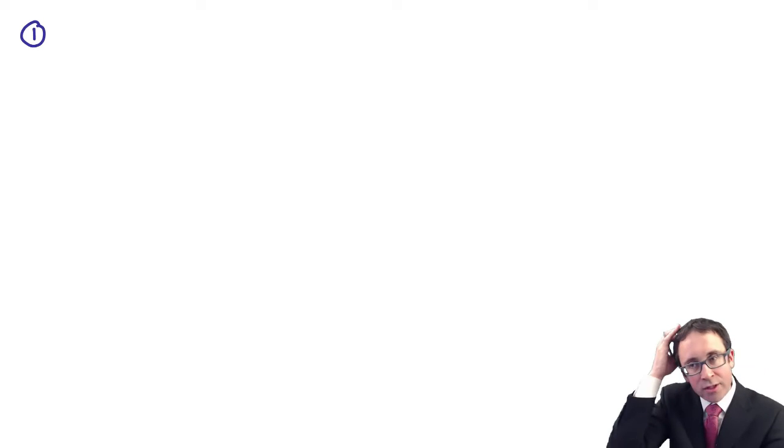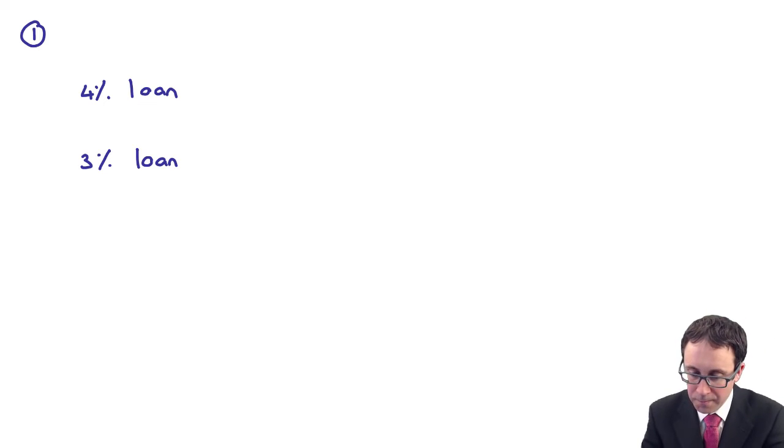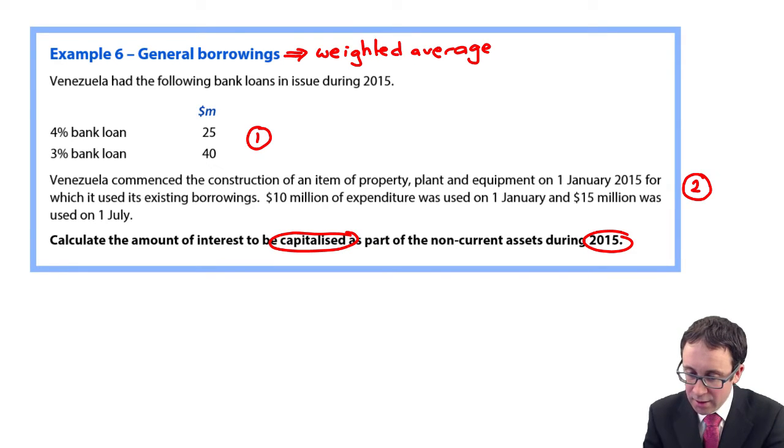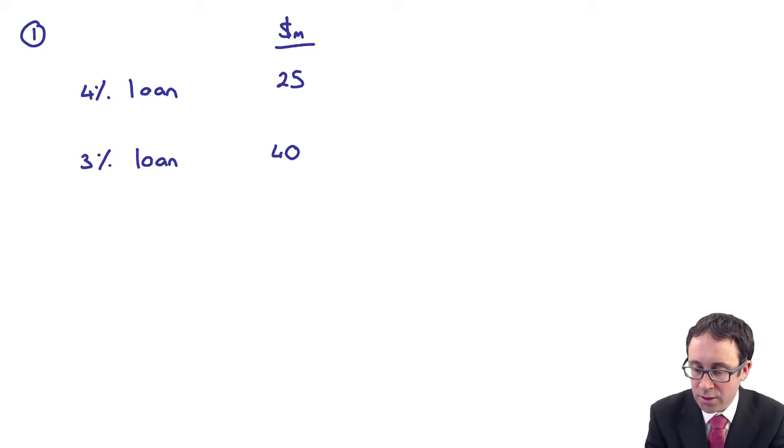So if I work out my weighted average, what we've got there is your 4% loan and your 3% loan. The 4% is 25 million, and the 3% is 40 million.